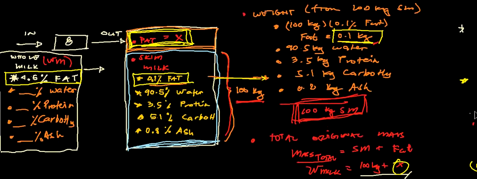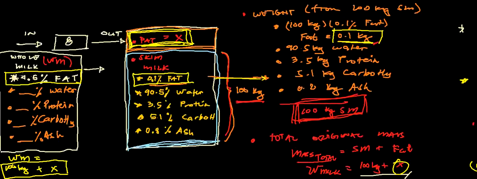Again, this is our whole milk. We say that the total milk is the combination of the skim milk and fat. That's why this skim milk is 100 kilogram plus the fat, that is x. So this is our whole milk or original milk.